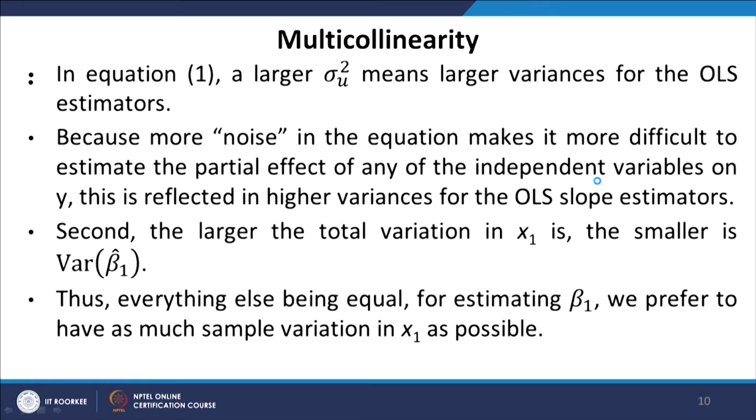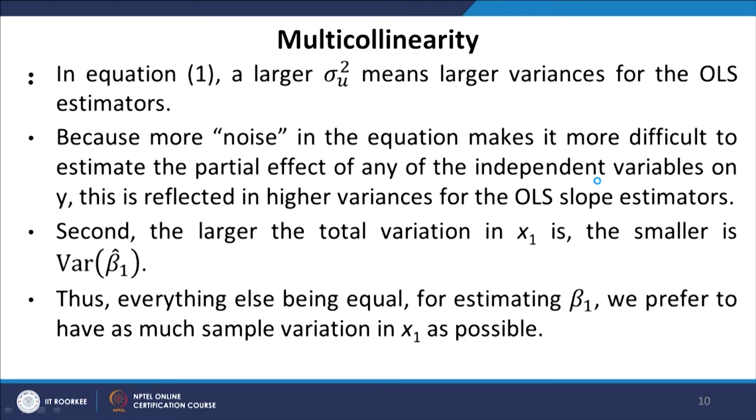So a larger sigma square u means larger variances for the OLS estimators, because more noise in the equation makes it more difficult to estimate the partial effect of any of the independent variables on y. This is reflected in higher variances for the OLS slope estimators.